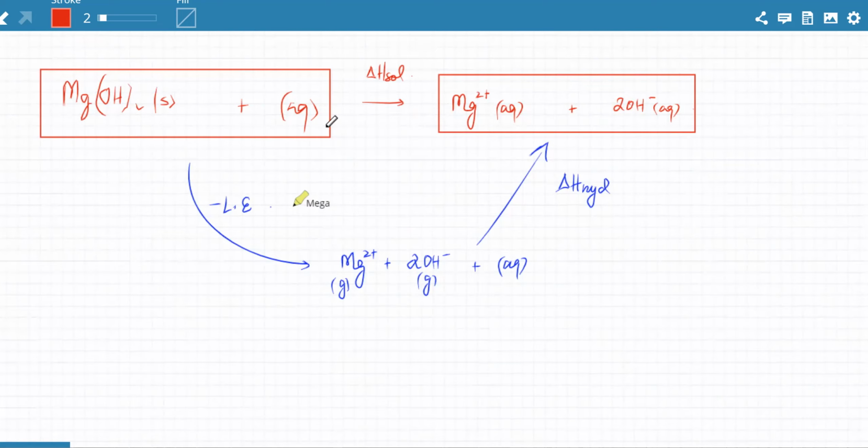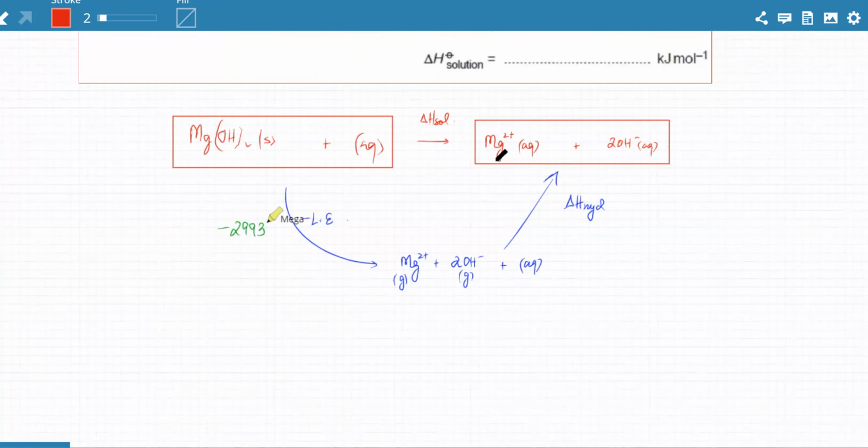So lattice energy of magnesium hydroxide is given as -2,993. But this will become plus because it's the negative of lattice energy. Is this clear, Lubana? Is this clear?